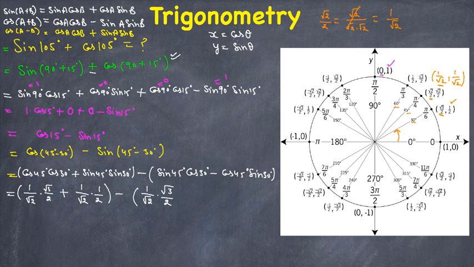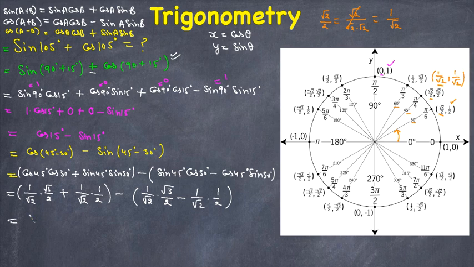Okay, so the x value at 30 is this root 3 over 2 minus cos 45, which is again 1 over square root of 2, and sine 30 is going to be 1 over 2. Alright, so now simplify it.